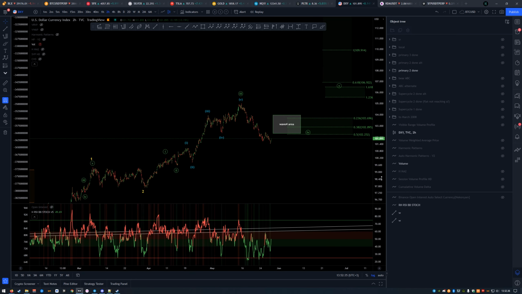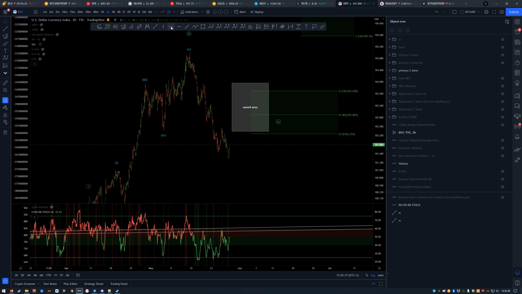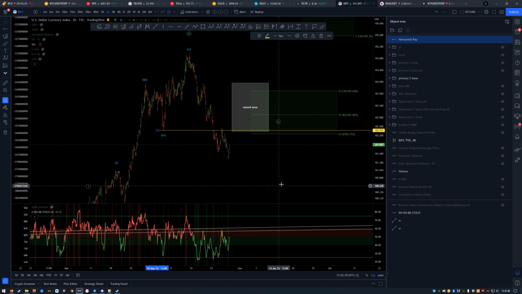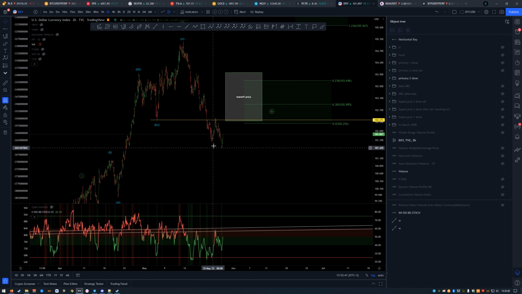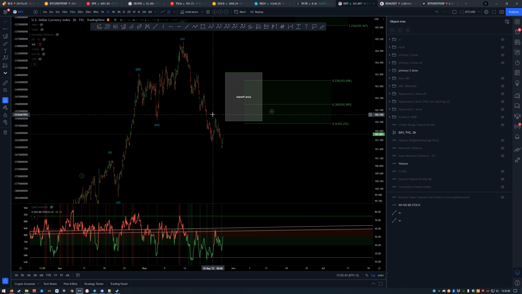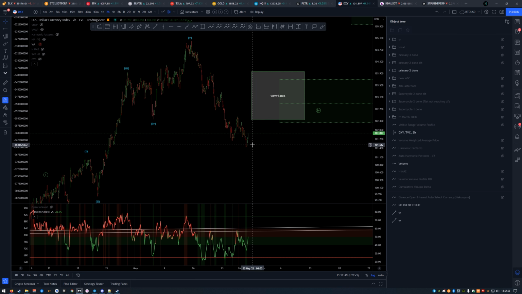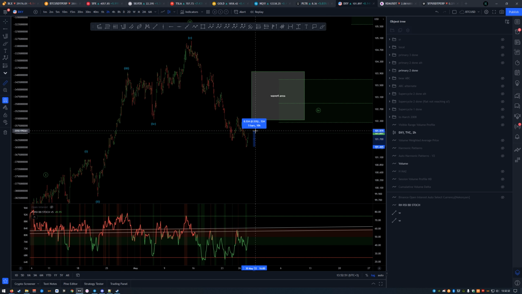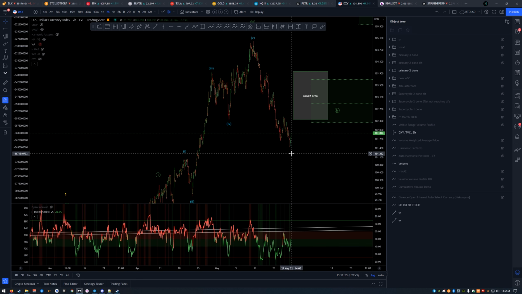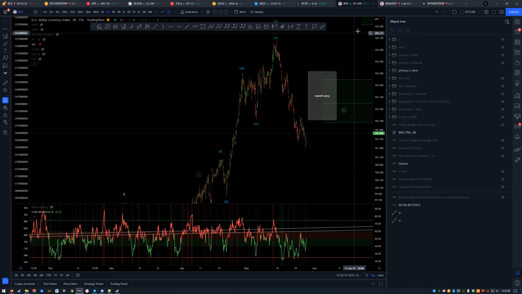Check out on lower time frame. So basically right here we back tested that level, making this a bit more bearish overall at least. Now we did some kind of small pump yesterday, but we'll see if that brings anything out of it.